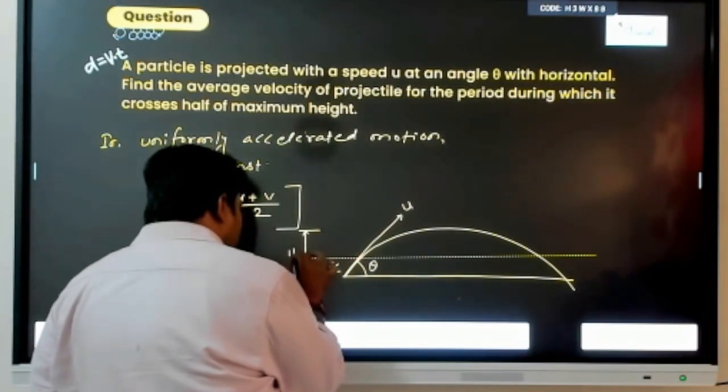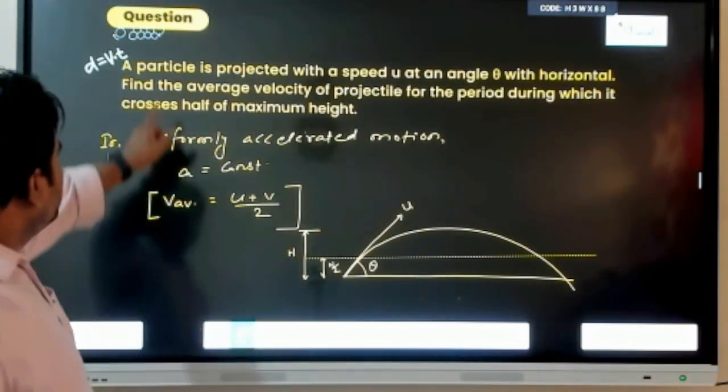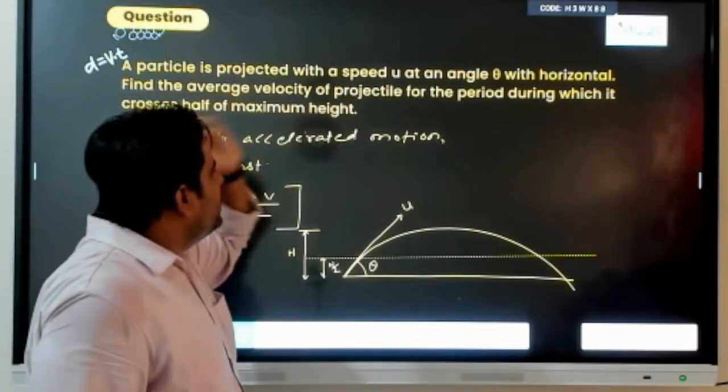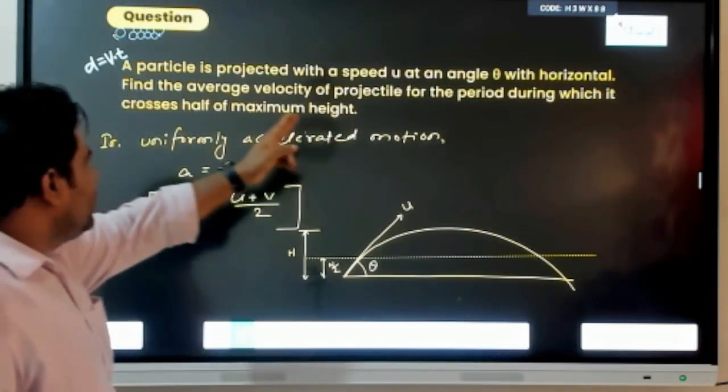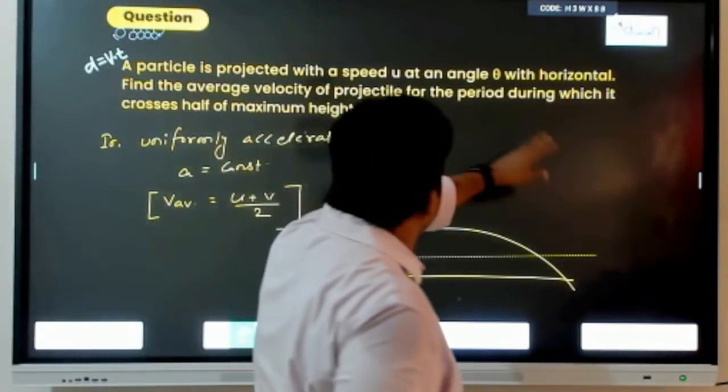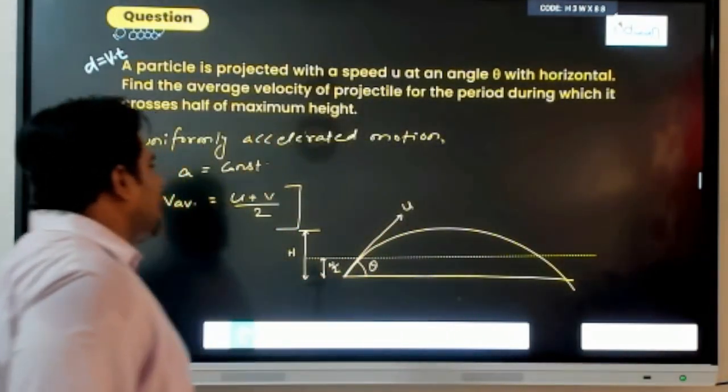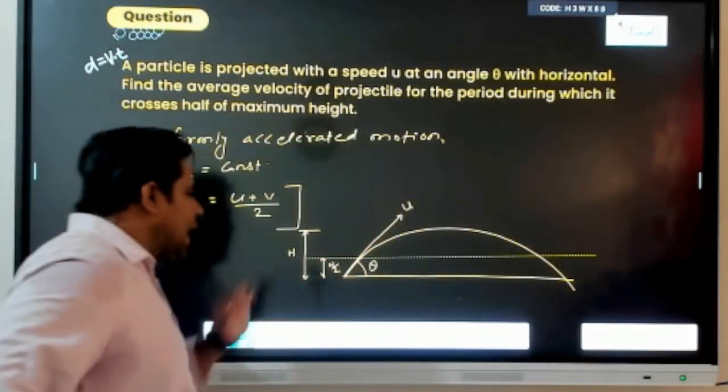I hope you are getting my point. Now they are saying a particle is projected with a speed u at an angle theta with the horizontal. Find the average velocity of the projectile for the period during which it crosses half of the maximum height.